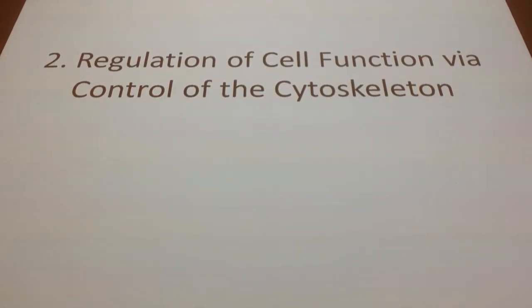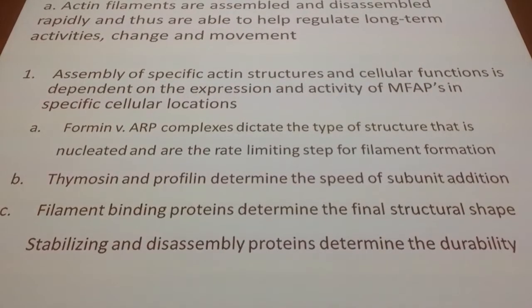That's why I introduced all this ahead of time. So now when I talk about it, I can just say G-actin bound to ATP without having to explain what that is. So, regulation of cell function via control of the cytoskeleton.